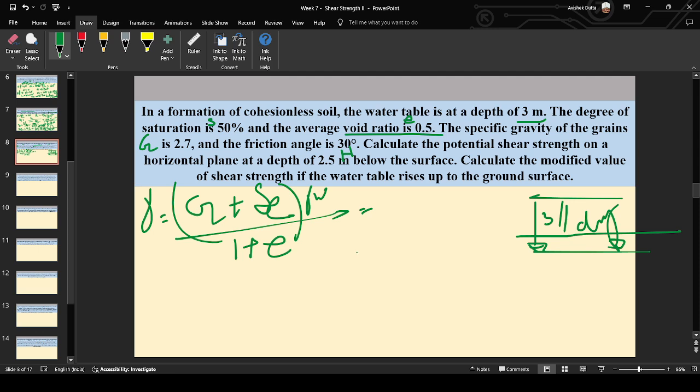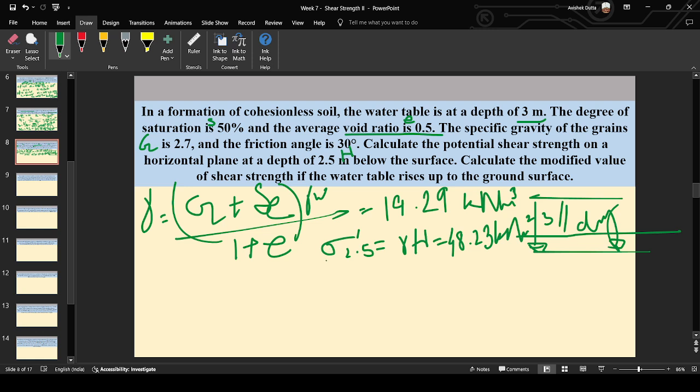So from here, the value of gamma we get 19.29 approximately kilonewton per meter cube. Now the value of sigma at 2.5. This sigma is sigma effective because there is no water up till 2.5 depth. That will be equal to gamma H. H is 2.5. We get the value of sigma as approximately 48.23 kilonewton per meter square.